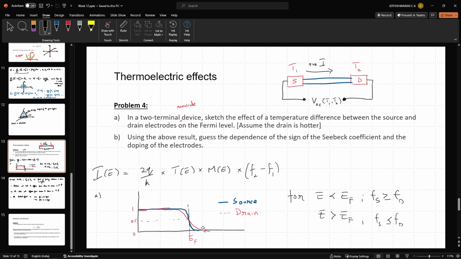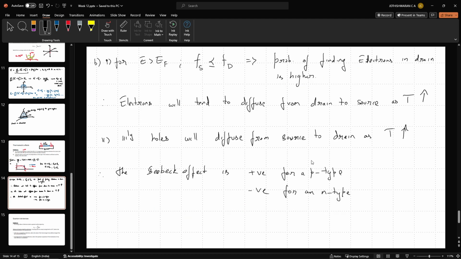Whereas as the drain gets hotter and hotter, more and more holes will form over at the source side, which will lead to the conduction of the hole current. Okay, so this is a derivation.